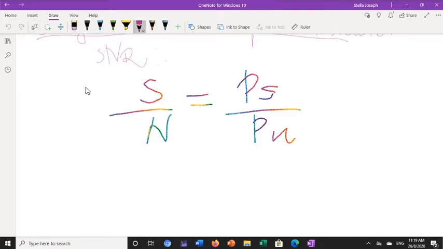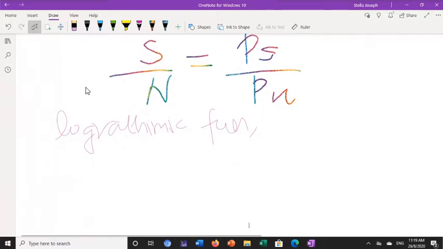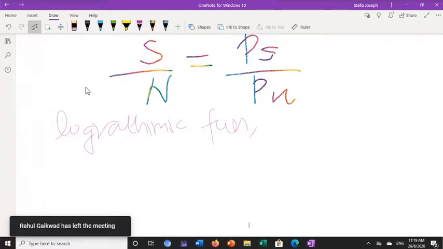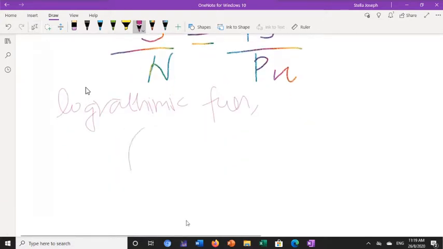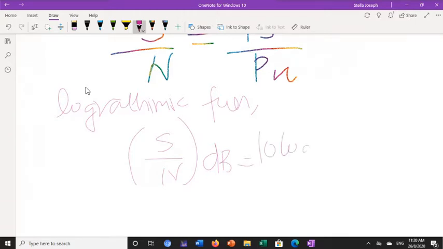Now we will express it in logarithmic function. When we express the signal to noise ratio in logarithmic function with decibel unit, we represent it as S by N in dB, which is equal to 10 log 10 of PS divided by PN.